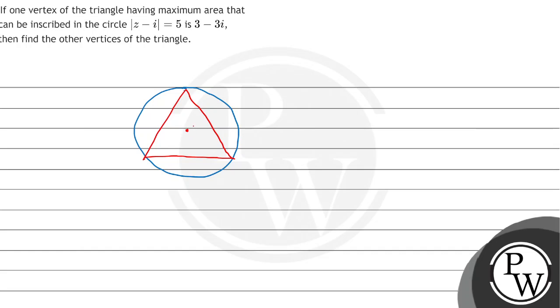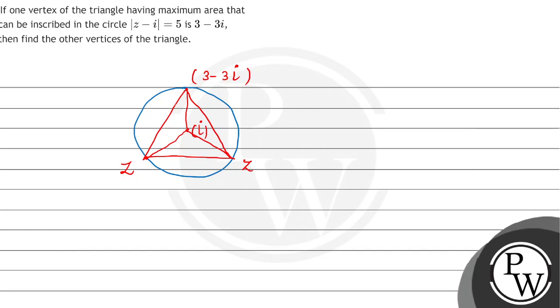The center of the circle is given, that is i. Suppose this vertex is z, and this vertex is given, 3 - 3i. Finally we can join this vertex to the center of the circle.